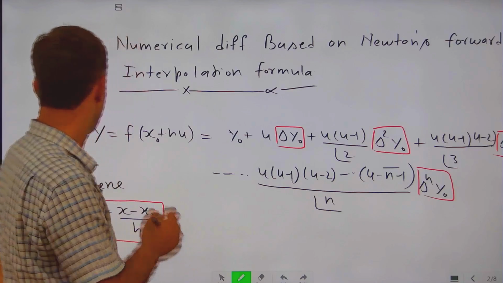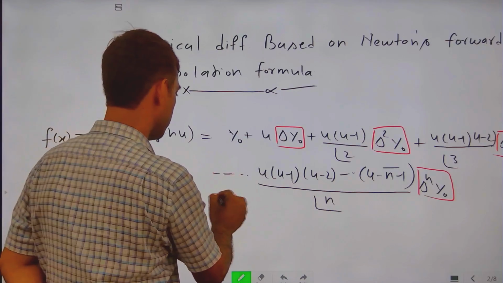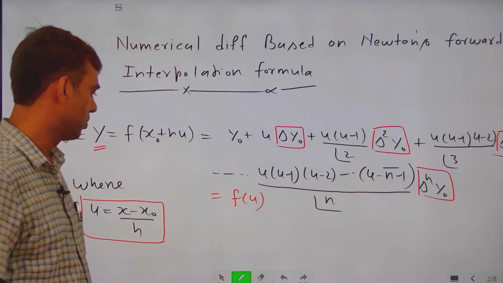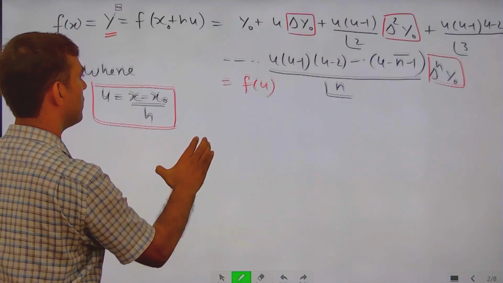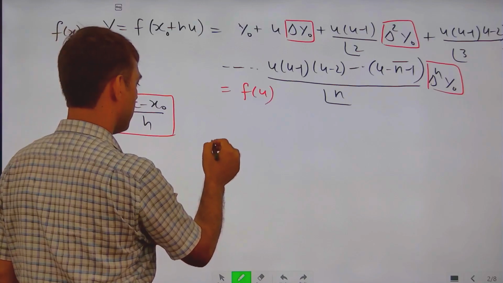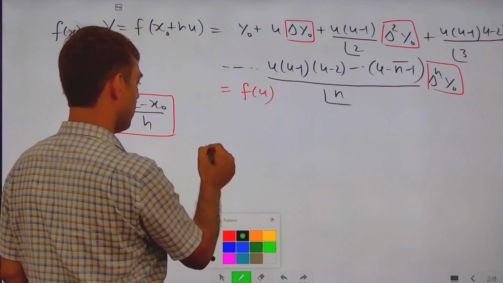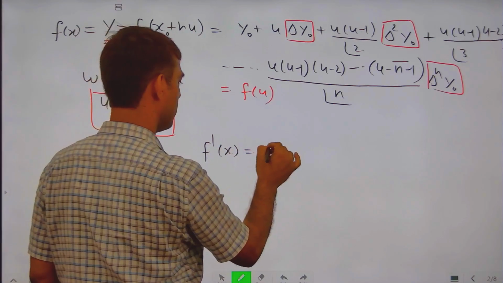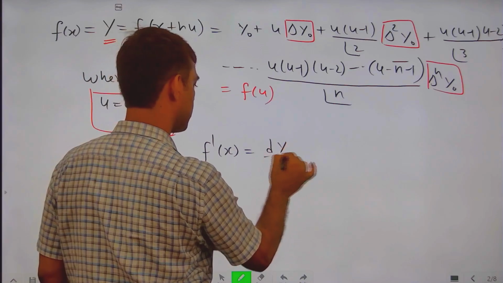So, y is a function of u. What is the value of the derivative? If we write y dash or dy by dx, that is f dash x, equal to dy by dx.